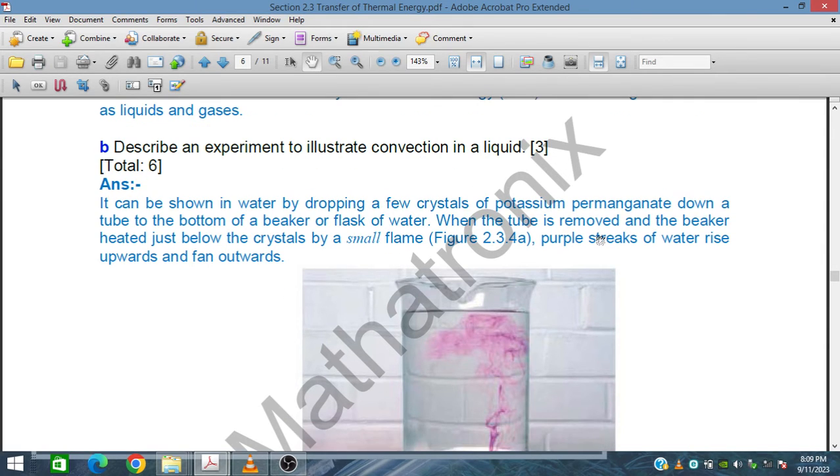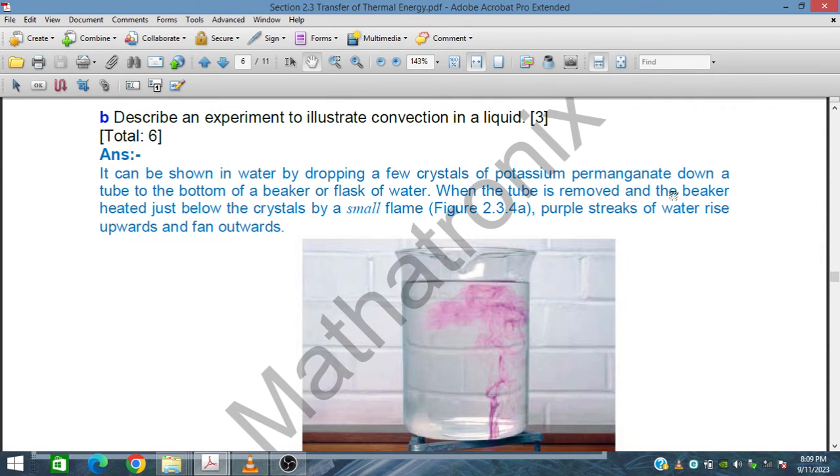When the tube is removed and the beaker is heated just below the crystals with a small flame, purple streaks of water rise upward and fan outward.